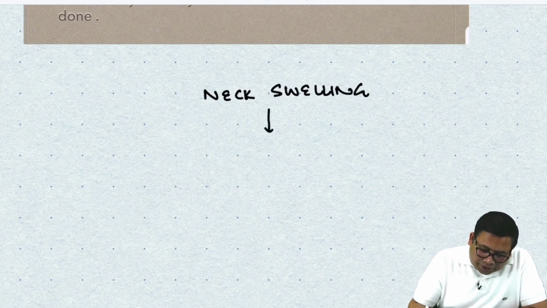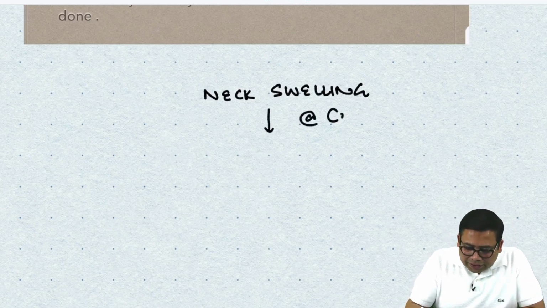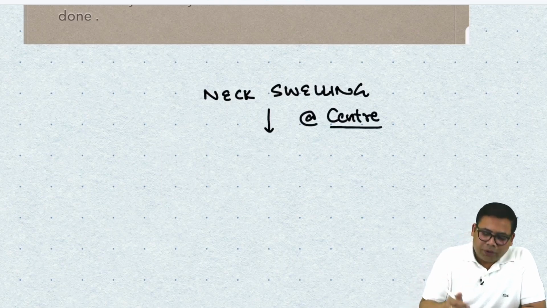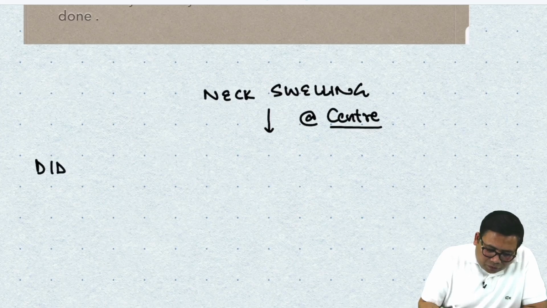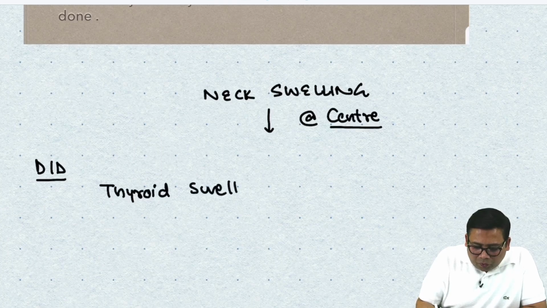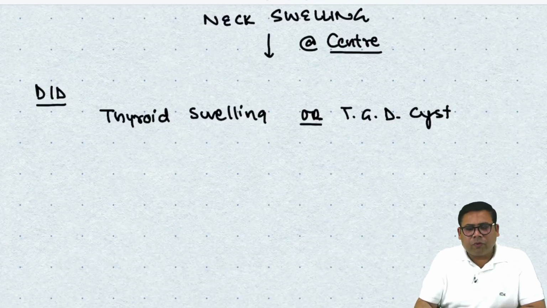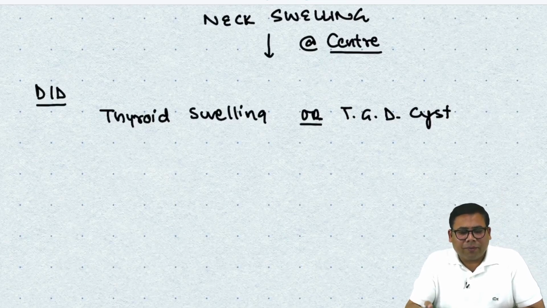Now in this case, when we have a neck swelling in the center of the neck, you are thinking that there could be two differential diagnoses. What could the differential diagnoses be? It could be a thyroid swelling, or it could be a thyroglossal duct cyst. These are the two primary things that we need to keep in mind. There could be other things also.